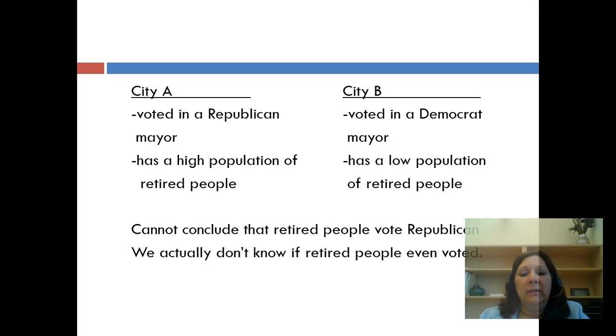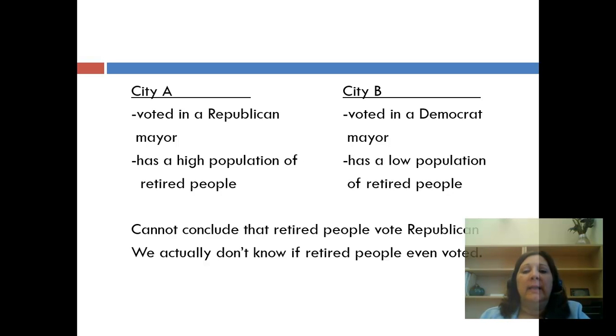We cannot conclude that retired people vote Republican. We actually don't know if any retired people voted at all, because we didn't look and see how individual people voted. We didn't look and see how retired people voted versus working people. What we looked at was city data, group data. So we can only say things about the city, not about the people in the city.